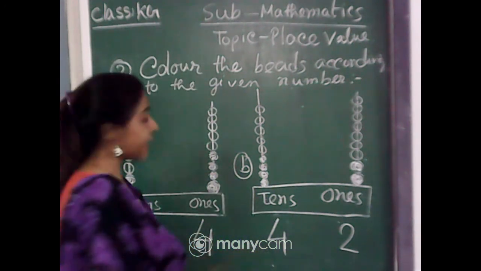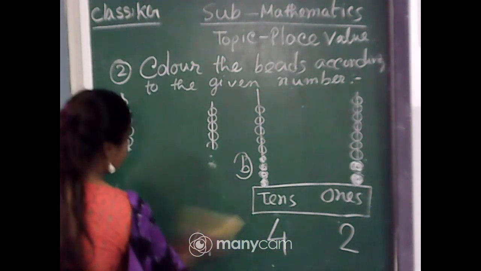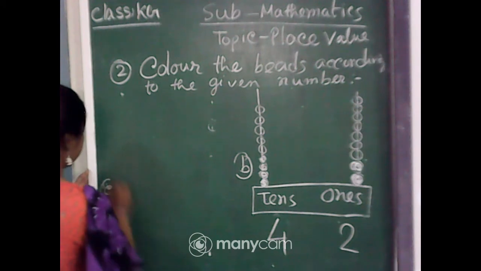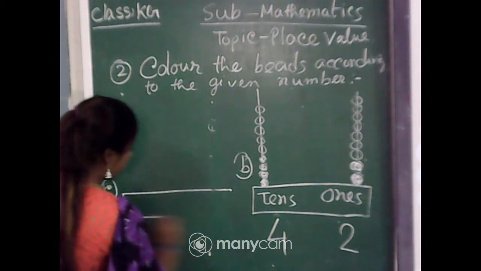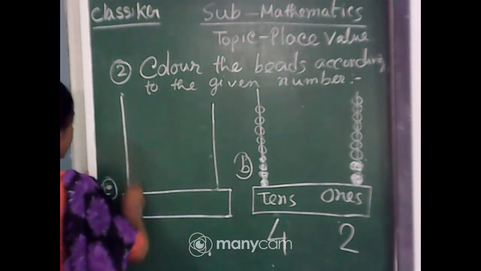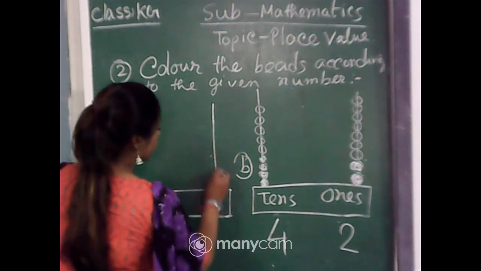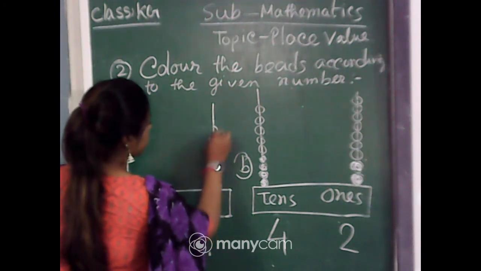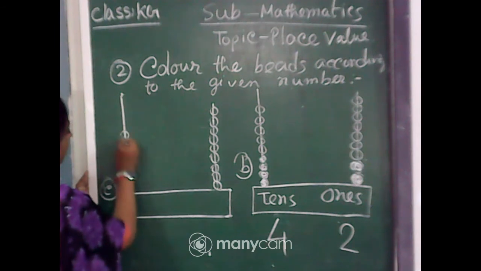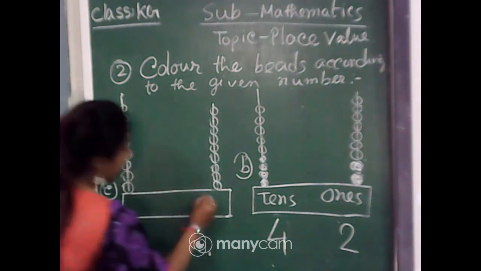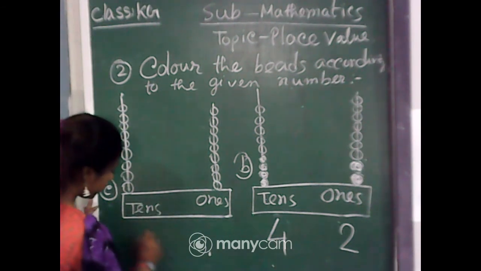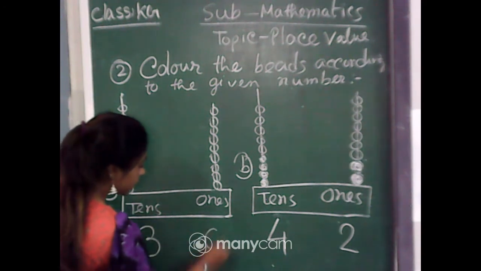So it is correct, and the next one is number C. Again we will draw 1, 2, 3, 4, 5, 6, 7, 8, 9, and the next one 1, 2, 3, 4, 5, 6, 7, 8, 9, ones and tens, and suppose your question is 30.